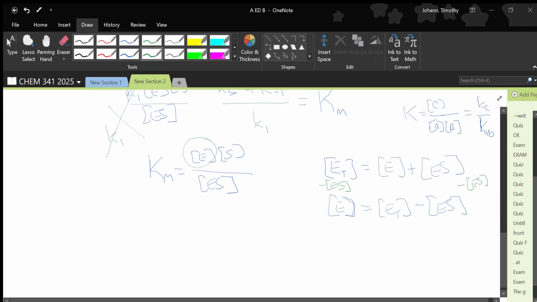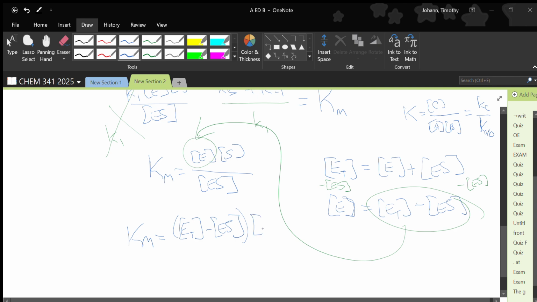All right, so now I have enzyme, and so I can take this bit here and sub it in right there. And from that, I'm going to end up with Km is equal to enzyme total minus enzyme substrate complex times substrate over enzyme substrate complex.